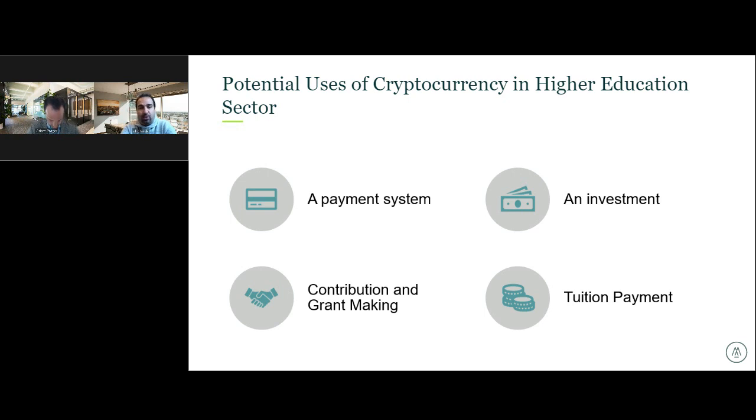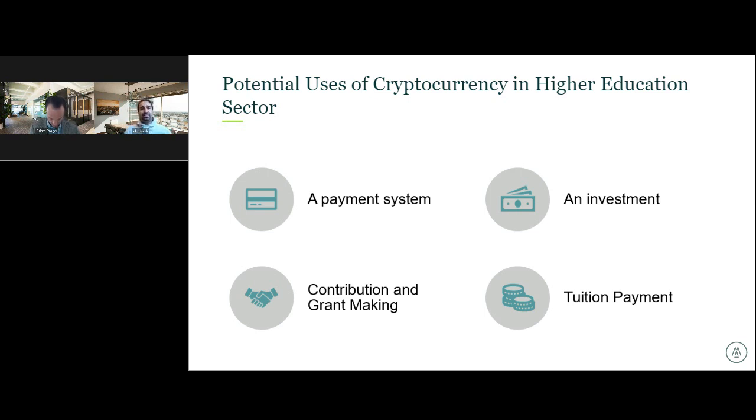And we're seeing grant-making organizations granting cryptocurrency to grantees. From time to time, we're seeing certain universities being more open to tuition payments being received in crypto assets. We're going to be talking about the benefits and the risks with all of this, but these are some of the ways that businesses or organizations are using cryptocurrency.